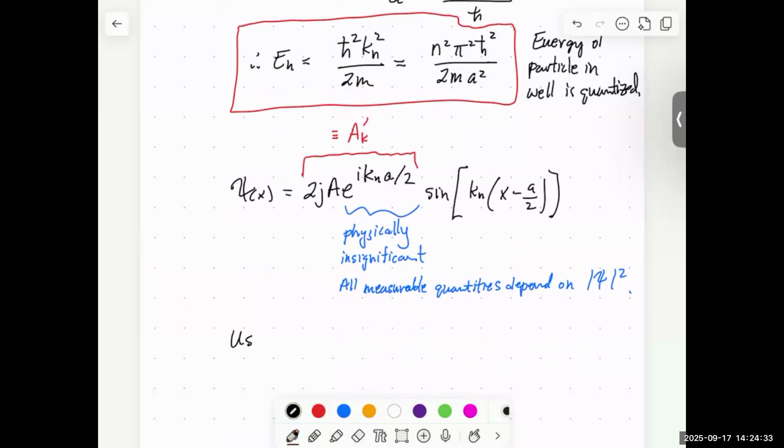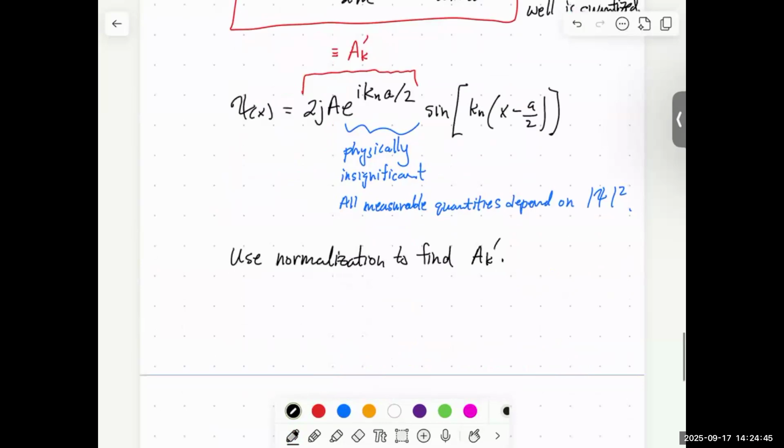So let's use normalization to find A_k prime. Normalization requires that if I ask, what is the probability of finding my particle anywhere inside the well? That has to be 1.